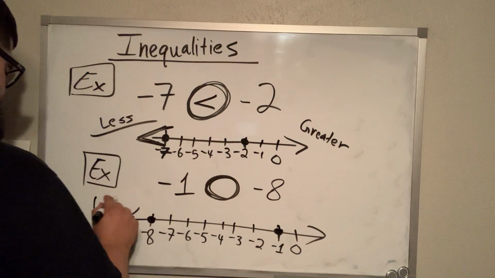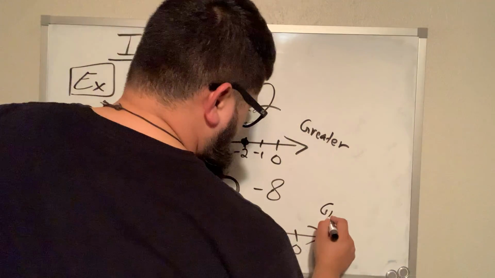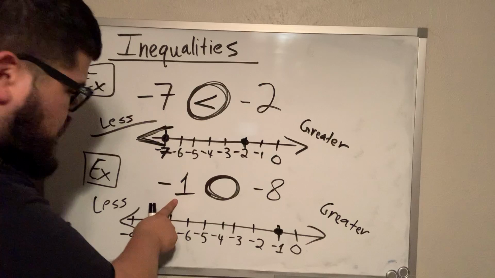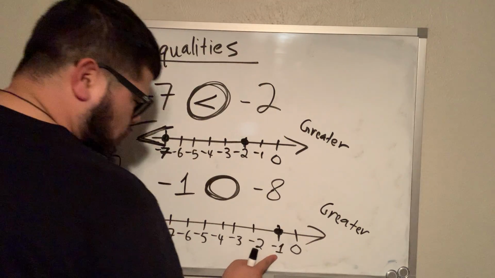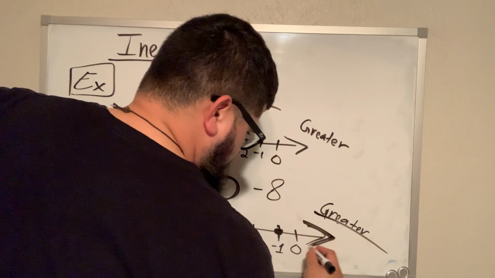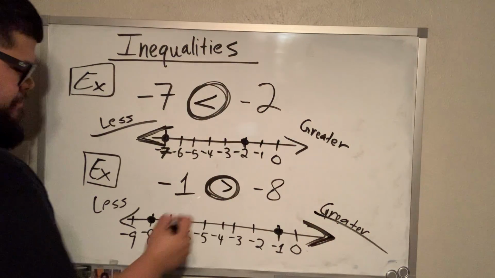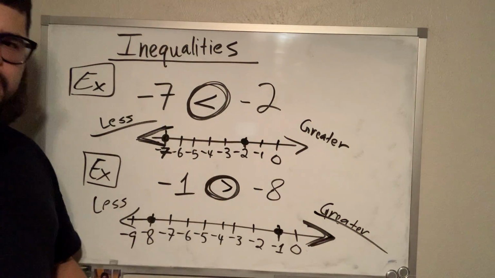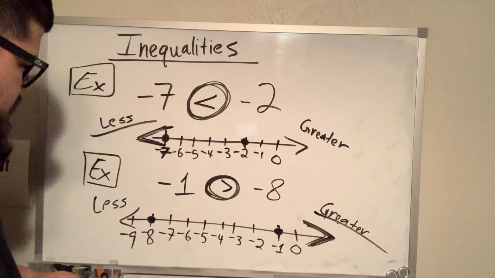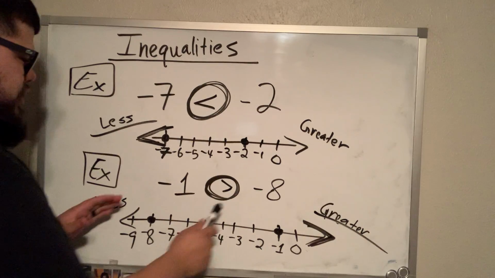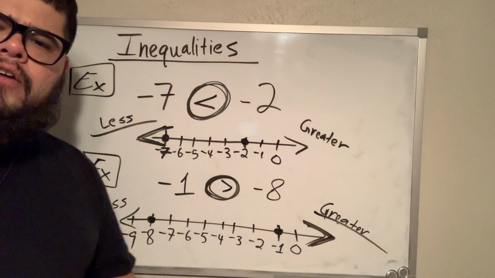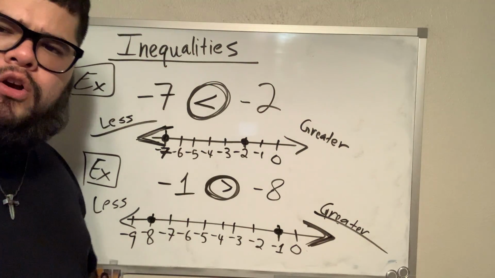Remember, we know this is less. This is greater. Since -1 is our first number, let's go ahead and compare -1 on the number line. -1 is what? Greater than -8. Okay? -1 is greater than -8. All right? So again, we're using our number line to compare these two numbers together. And that is part 1 of inequalities. Thanks for watching. We're going to go ahead and move on to part 2.